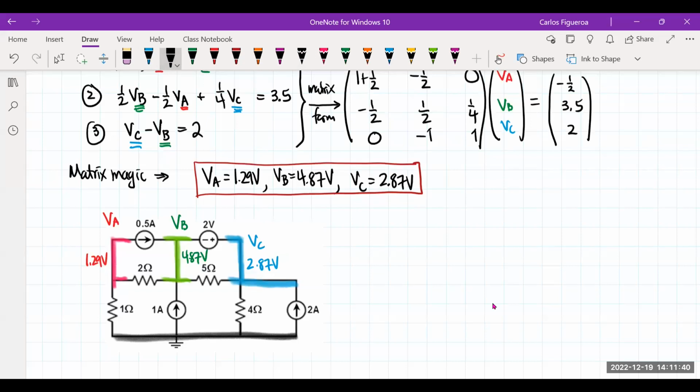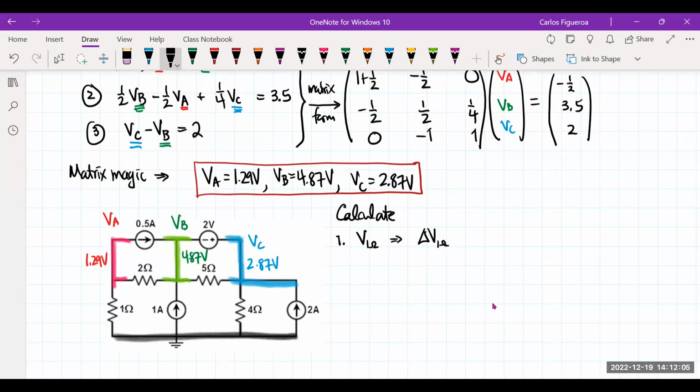So the first thing that we want to calculate is the voltage of the 1 ohm. If you look at the voltage of the 1 ohm, what this really tells us is that it has to be the difference between the node voltages.